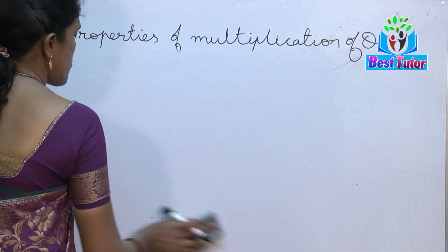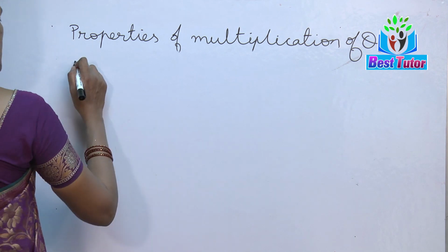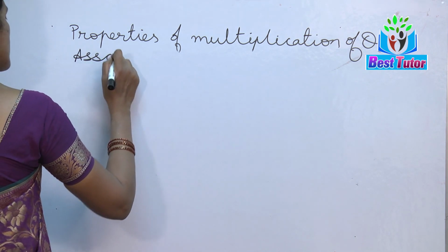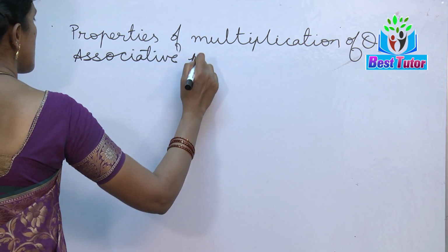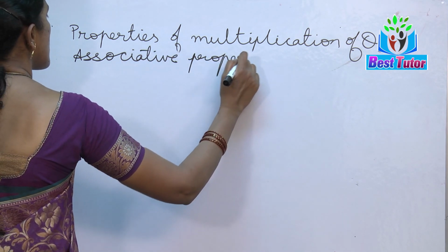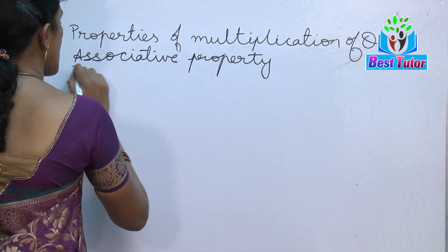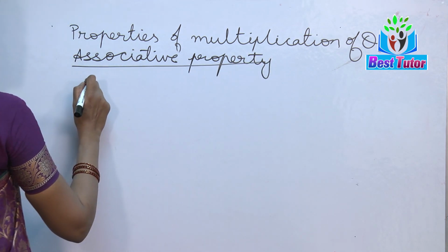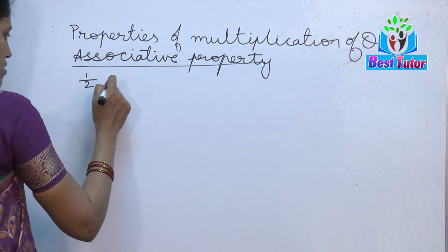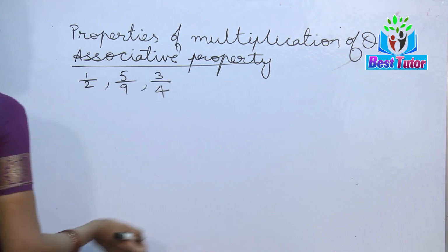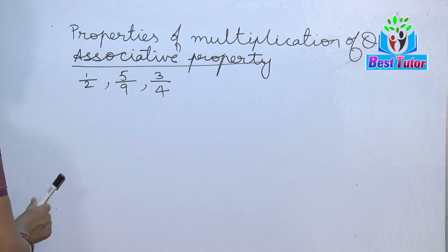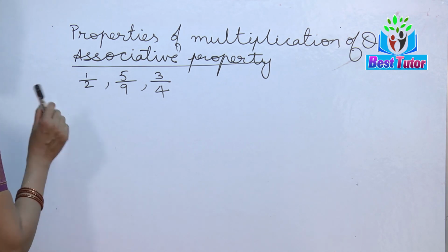So till now we have gone through closure property and commutative property of multiplication of rational numbers. We move on to the third property, that is associative property. I choose three rational numbers: 1 by 2, 5 by 9 and 3 by 4.